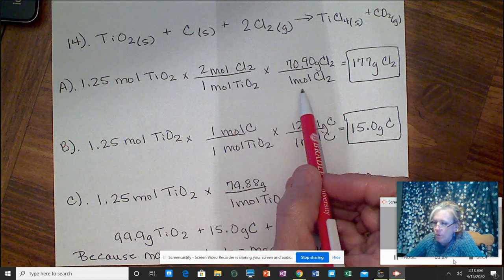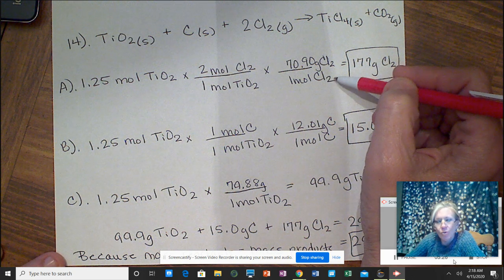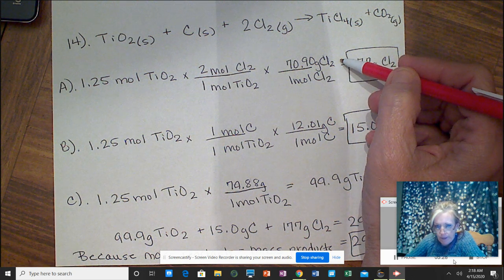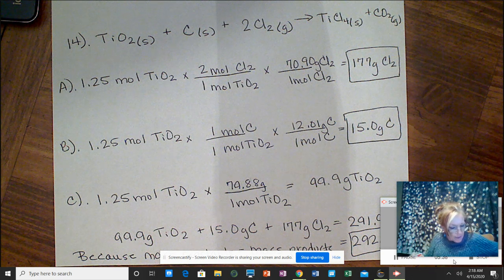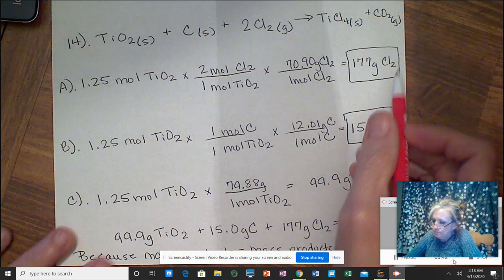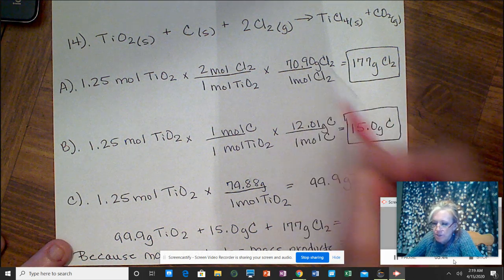And then we're going to change it to grams of chlorine because that's what they're asking us for in the problem. Okay, it said how much chlorine gas in grams is obtained. Okay, so we want to change that to grams.